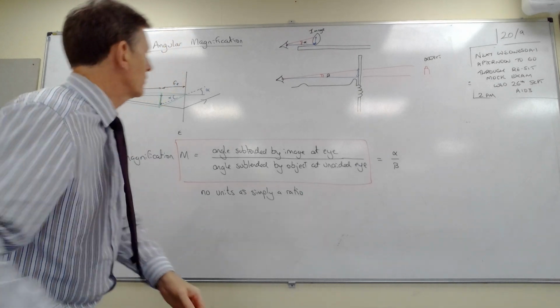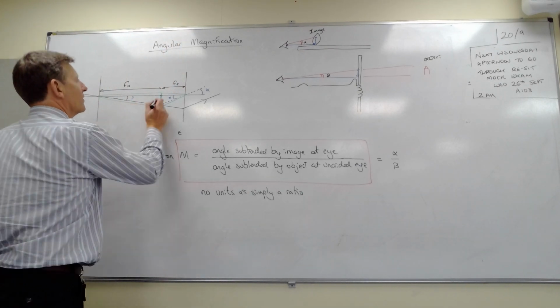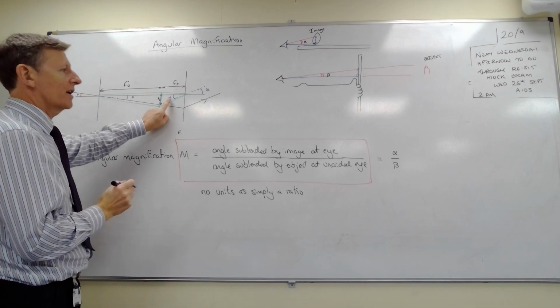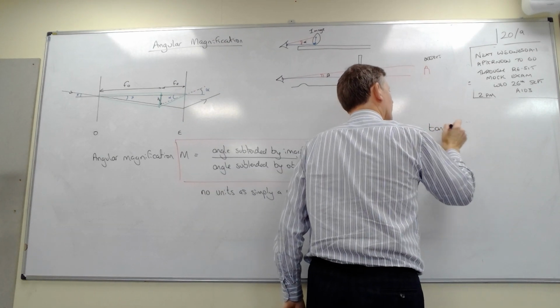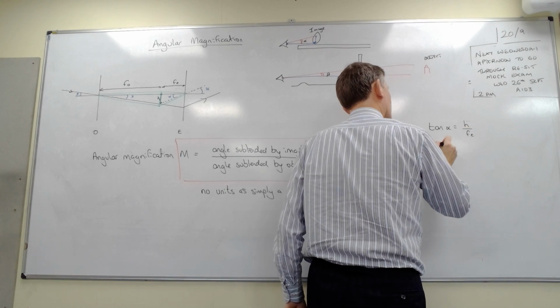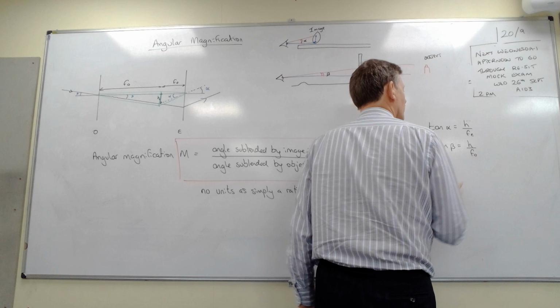And just using some simple SOHCAHTOA stuff, if this is the height of the image, I'll call it HI, height of the image, tan alpha is opposite over adjacent, and tan beta is opposite over adjacent.